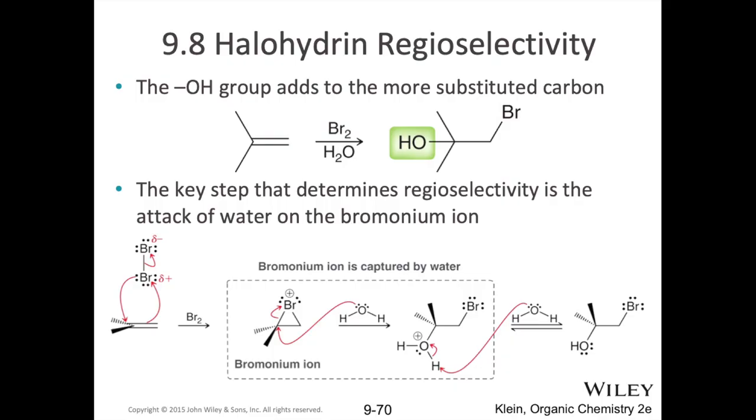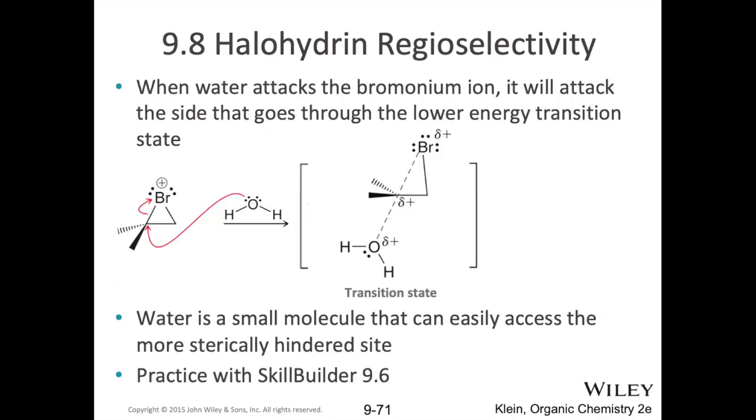Okay, now why is that? Well, you've got to think a little bit about what that transition state looks like, and there's going to be an electronic argument to be made. If we look at our bromonium ion, and we look at the transition state of that bond breaking, we see that the partial positive charge is going to be a little bit more stable on the side that's more substituted, that has more alkyl groups attached to it.